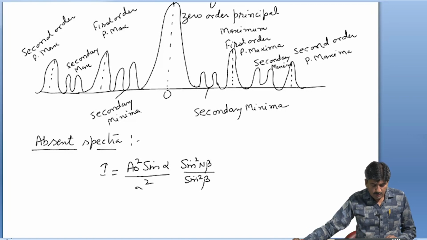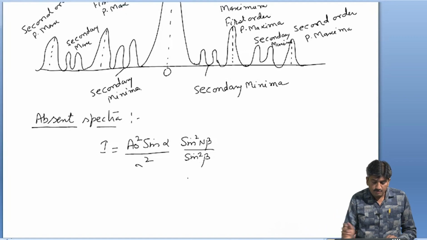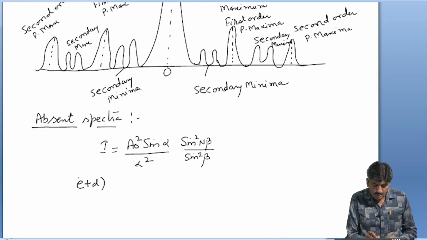Now we know that in the previous video we determined the condition of principal maxima: (e + d) sin theta equal to n lambda. This is the condition of principal maxima in the grating spectrum.